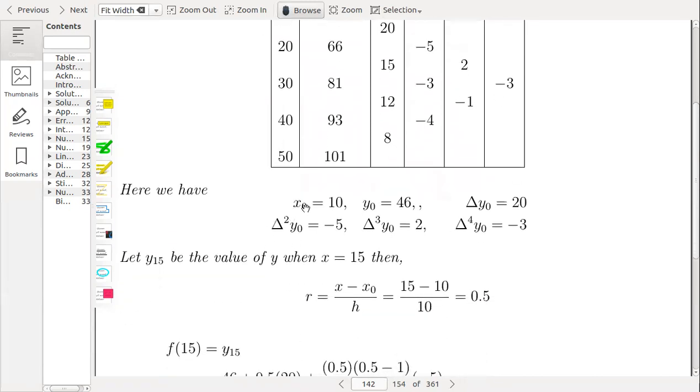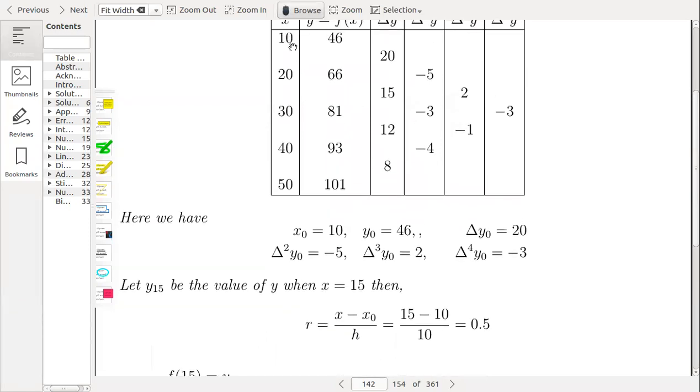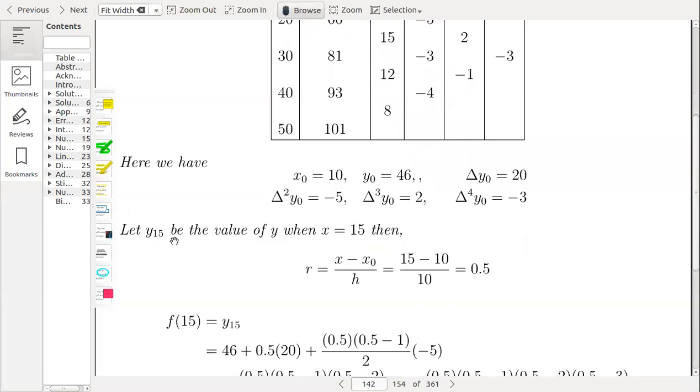Here we have x naught is equal to 10, y naught equal to 46, delta y naught equal to 20. So 10, 46, 20, then second order difference minus 5, then third order 2, and then fourth order minus 3. Okay, let y15 be the value of y when x is equal to 15.